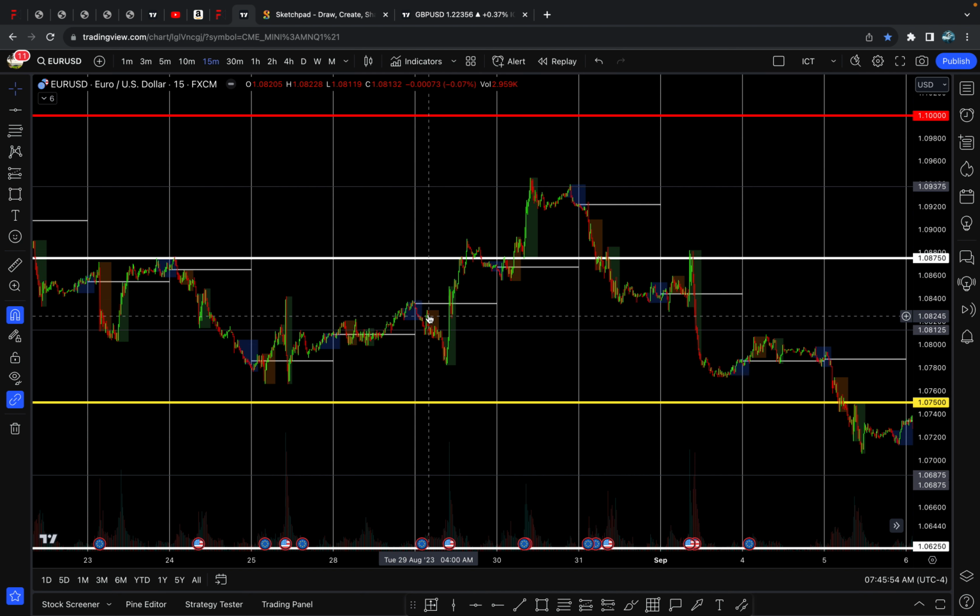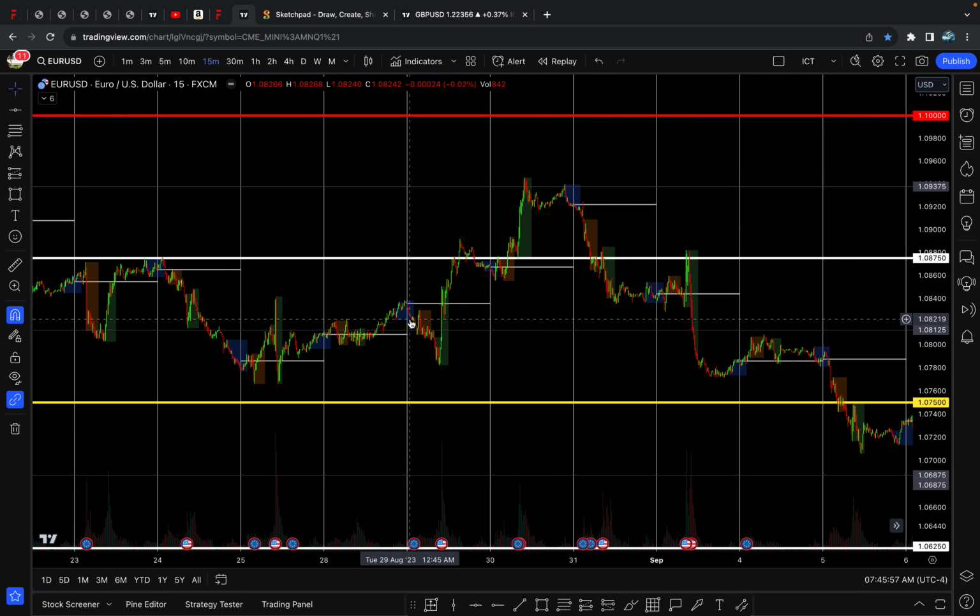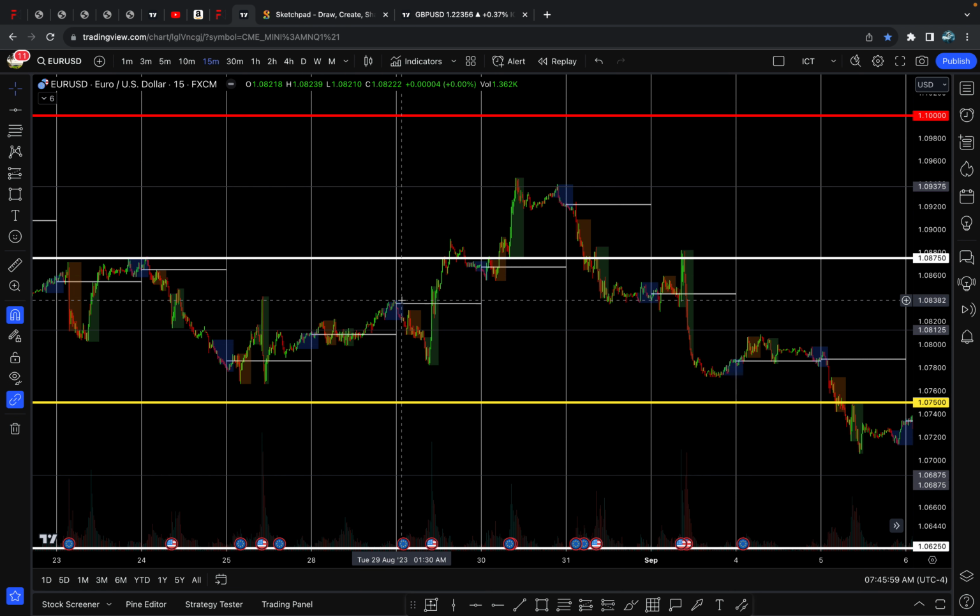Actually, this one was a little bit more tricky, because Asia set the high and low of the day, which is more rare. And then you got a reversal in London, so that was a little bit more tricky. But if you played it right, this is still really in the first quarter.